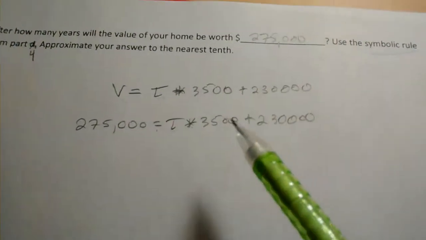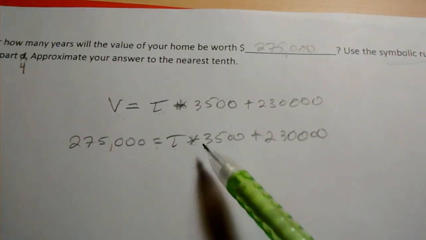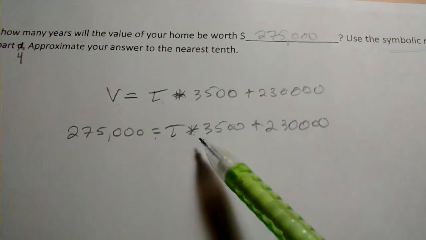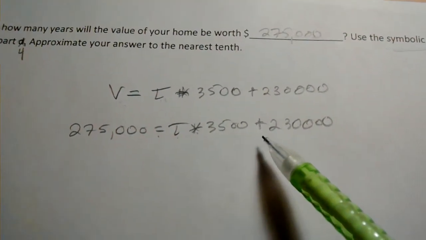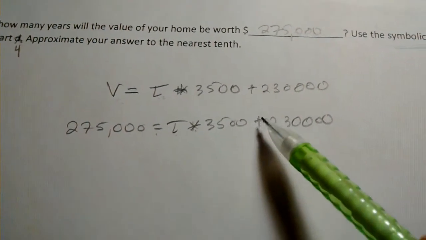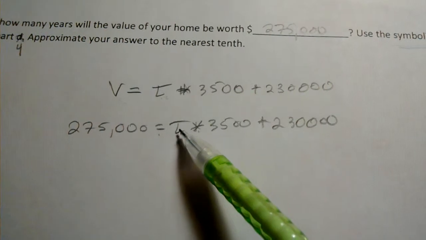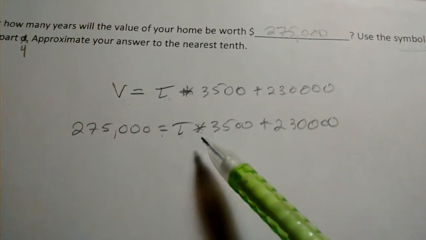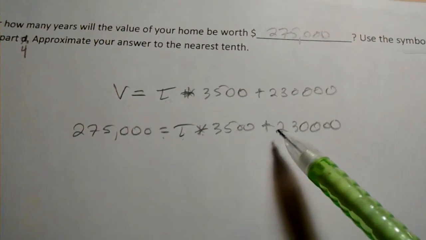So here are the steps to do that. Here's the best way you can think of this. To undo these two operations, you've got to do the reverse of the order of operations and apply the inverse operations of these two. So what's closest to this T is this multiplying, and then we add this amount. So the idea is to undo by the reverse order of operations.